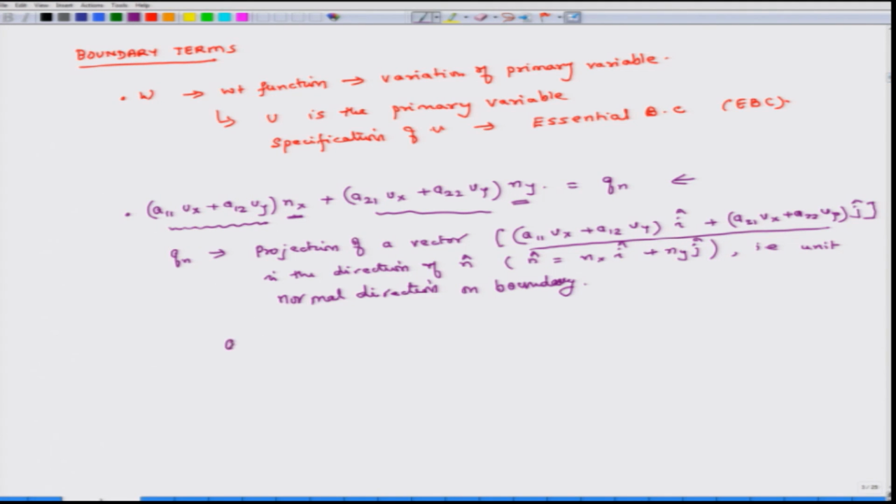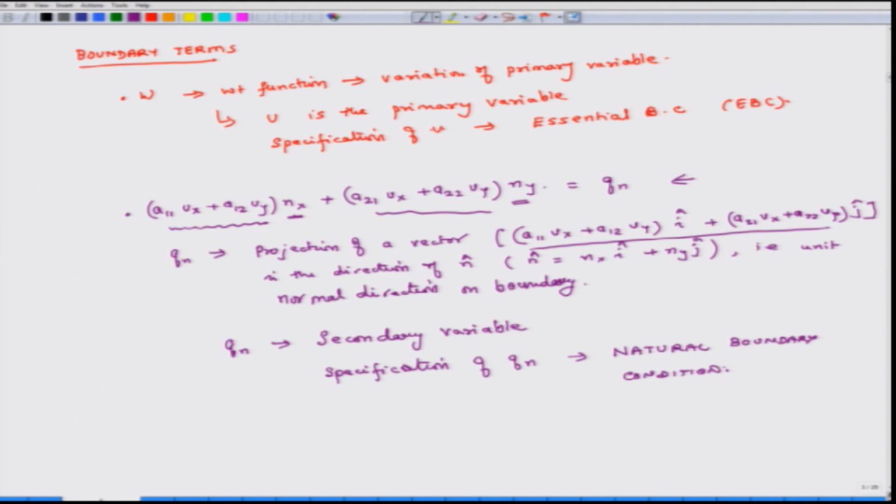So, Qn is the secondary variable, and specification of Qn implies that I am specifying natural boundary condition. So, I have two boundary conditions: one involves the primary variable u, and if I specify it I am specifying EBC or essential boundary condition, or I specify Qn which is a natural boundary condition.